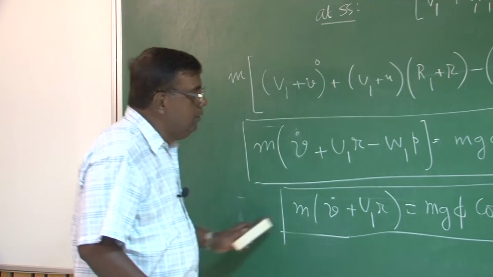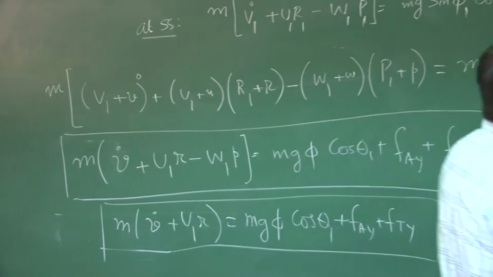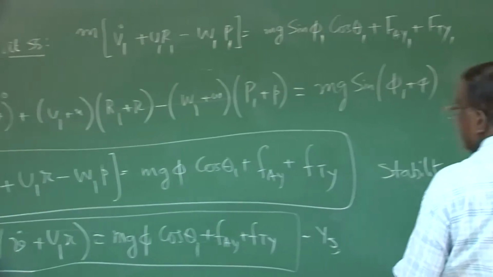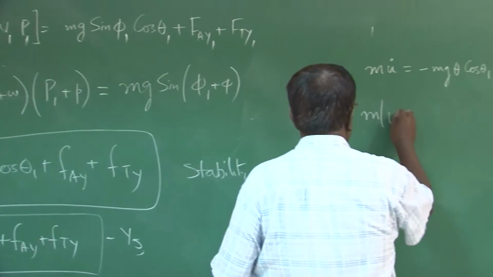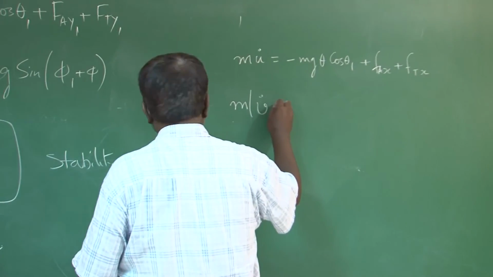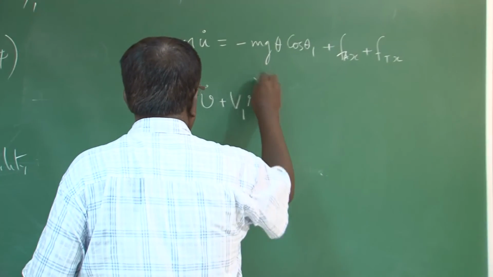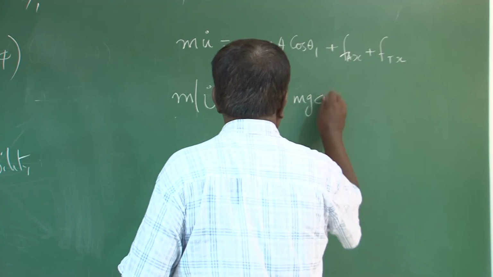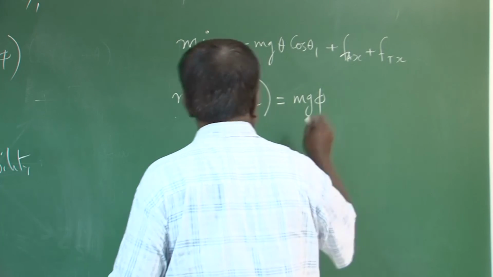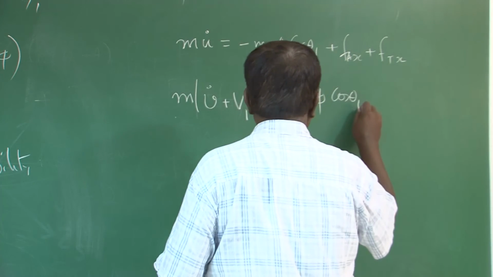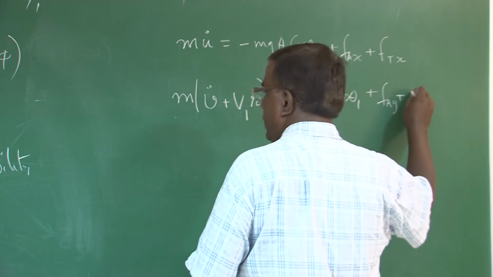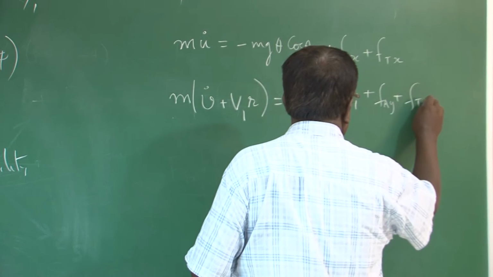So I now write this equation here, collecting them in one place: M V dot plus U1 R equal to mg phi cos theta 1 plus f_ay plus f_ty.